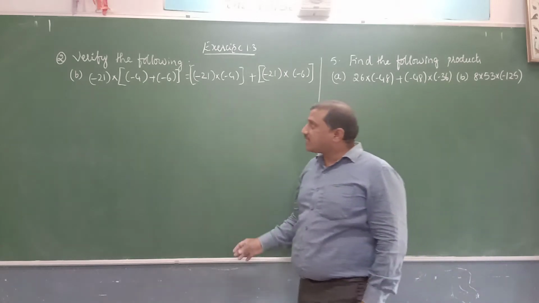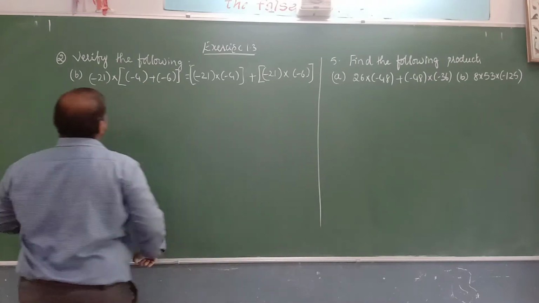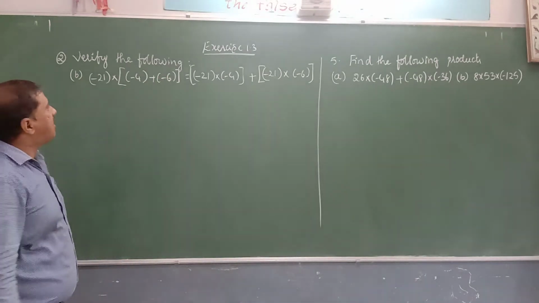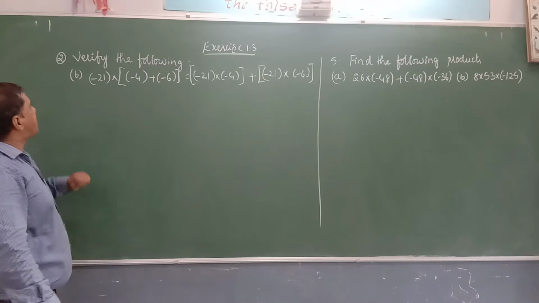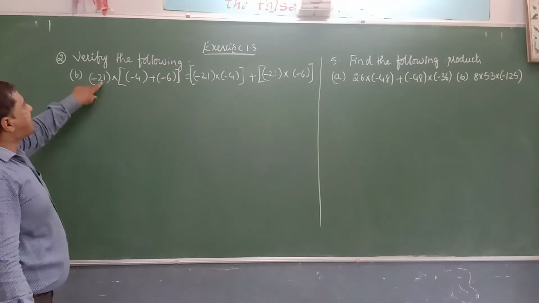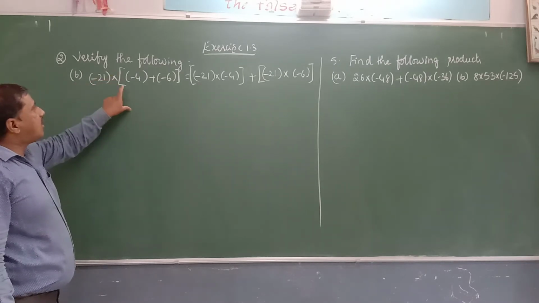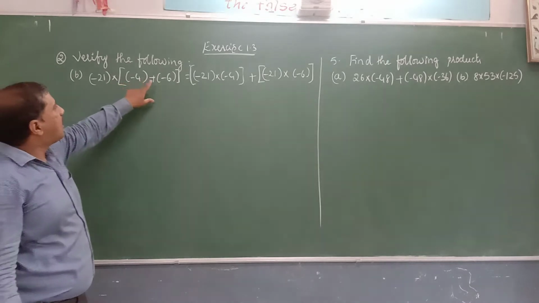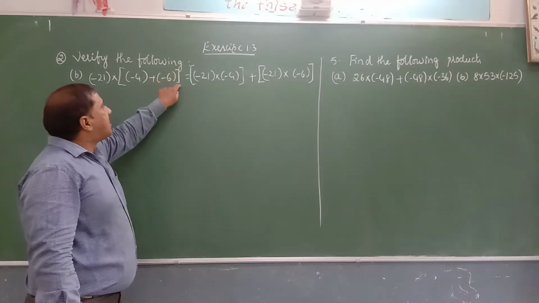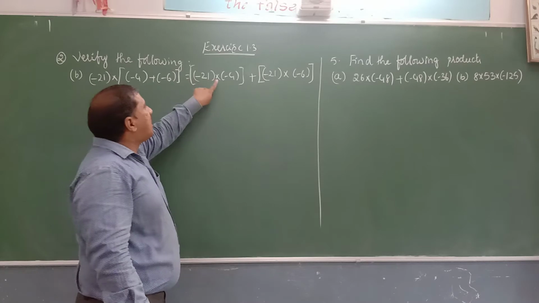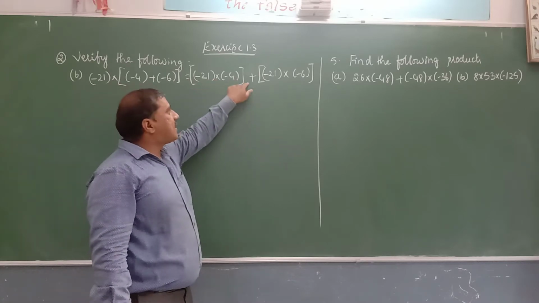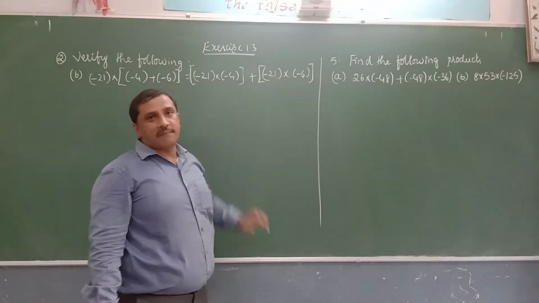Now observe the second question from exercise 1.3. Verify the following: minus 21 into the bracket minus 4 plus minus 6 is equal to minus 21 into minus 4 plus minus 21 into minus 6.